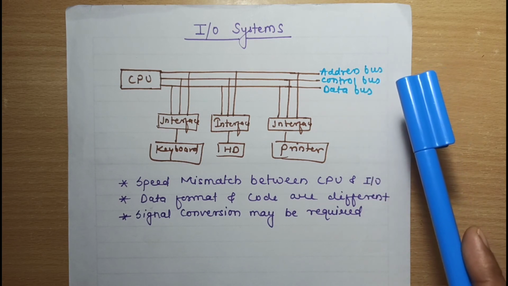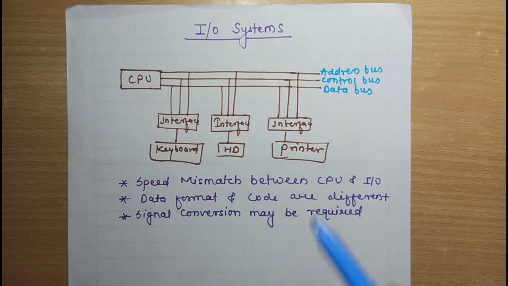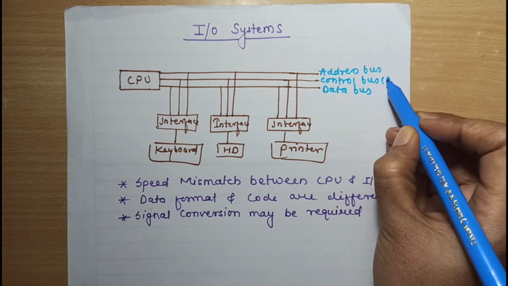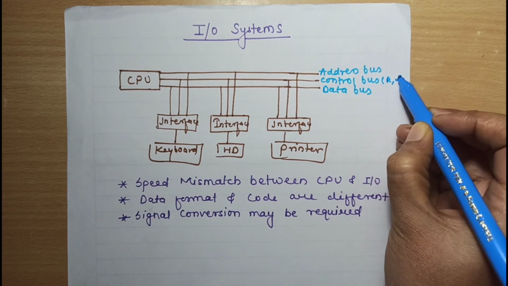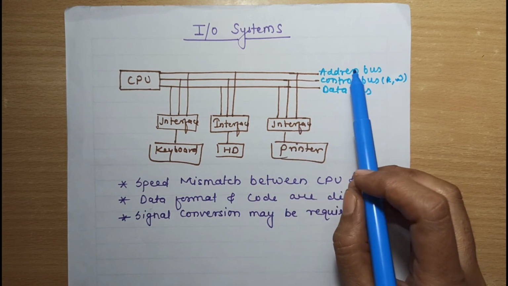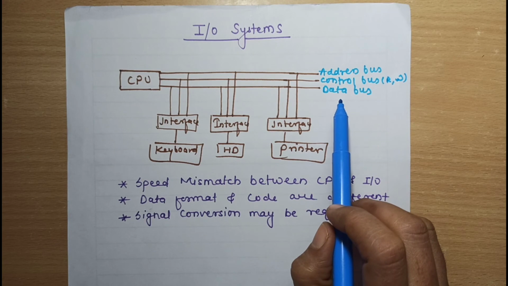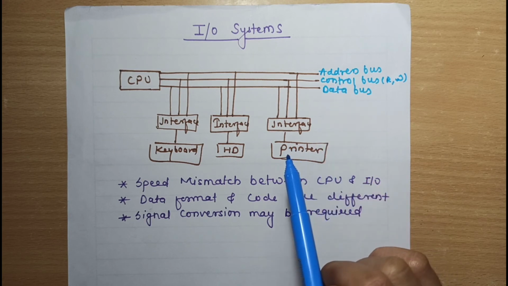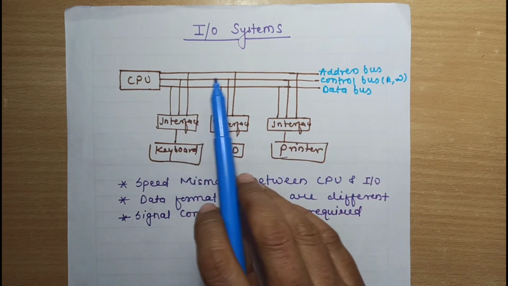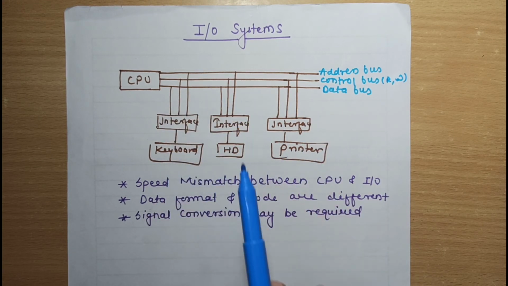So if you want to read something, there should be a read command. If you want to write something, there should be a write command, like that. So there will be a command what to do with the address which is written in the address bus, and the data which is actually being read from the input devices or written to the input or output devices will be present in the data bus.